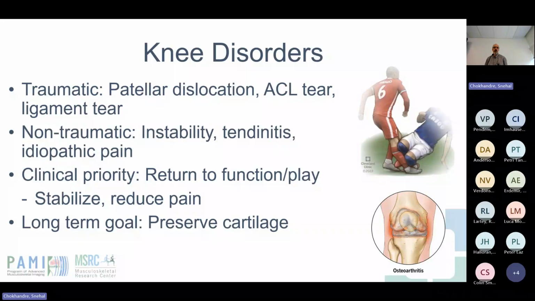My research generally focuses on patients with knee disorders, more young athletes and younger people than older populations. But we're really looking at people with traumatic and non-traumatic knee disorders. And Dr. Spindler can correct me if I'm wrong, but when these patients go to see their provider, whether it's a sports medicine doctor or surgeon, the main priority of the patients and oftentimes the surgeons too is how do we get them back to function, back to work, back to playing their sport.